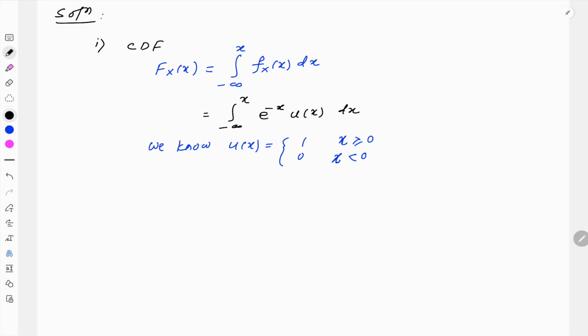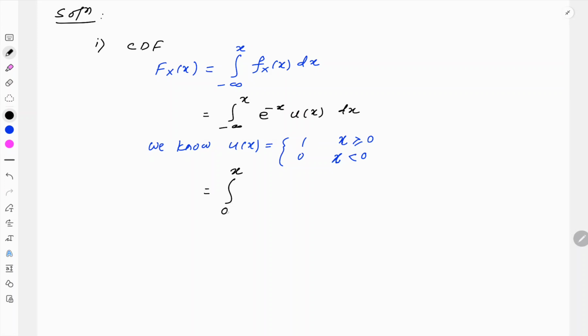So let us put this value in the above equation. Now the limits of integration are going to change. The lower limit is minus infinity, but u of x starts at 0. It doesn't have any value below 0, or its amplitude is 0, so that part of the integration will become 0.